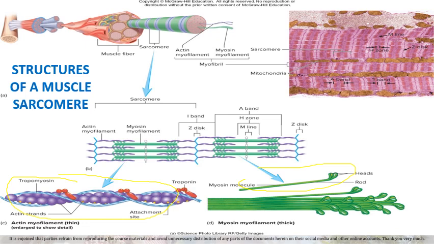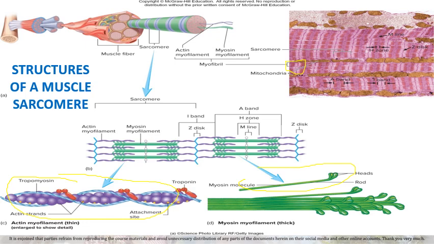It is another protein fiber that makes up a sarcomere. The thick filament resembles a bundle of golf clubs. So this is your myofibril. It's a fine longitudinal fibril within a skeletal muscle fiber.